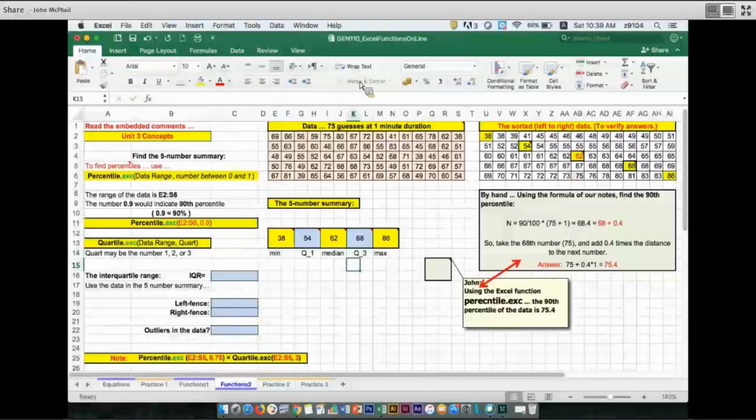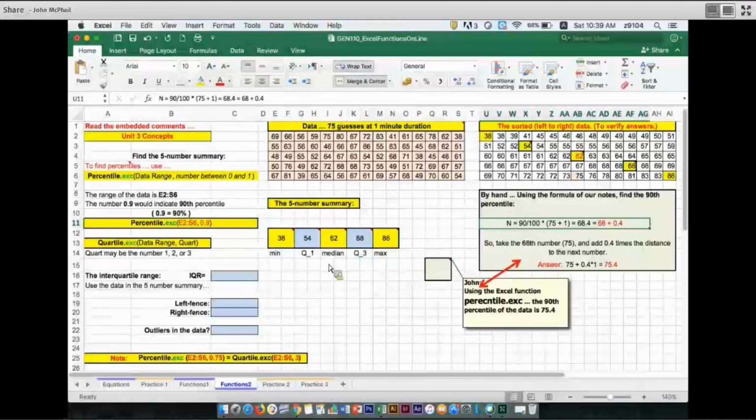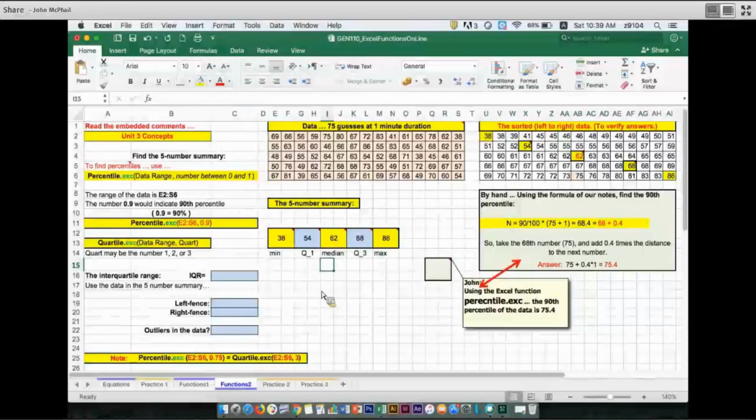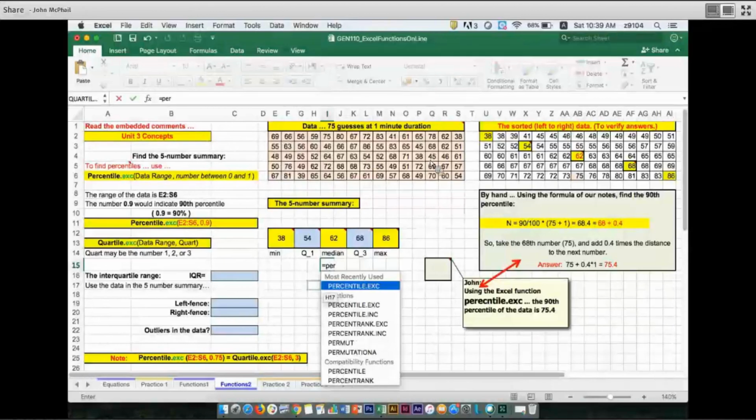We used to do these calculations by hand. We would use a formula for percentiles. The median was known as the 50th percentile. The 50th percentile, there's a percentile function. You can begin typing it. Again, select the data.